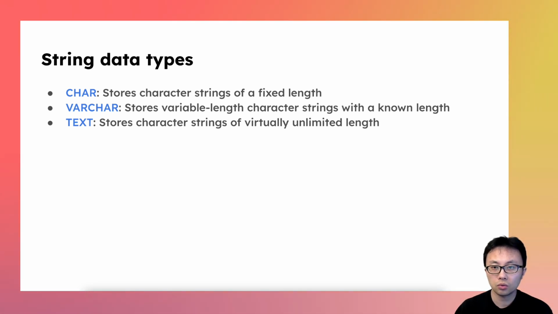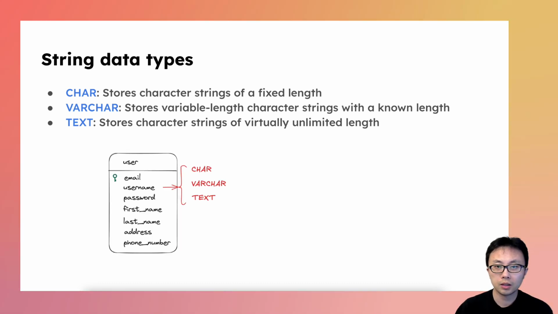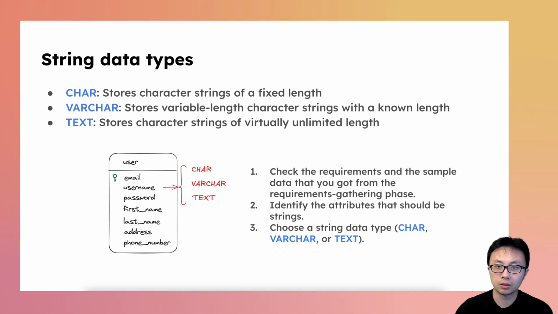VARCHAR is used to store variable length strings with a known length limit, and text is used to store highly variable strings with unknown length limit. Assuming that you are very familiar with string data types and know all the details beyond what is shown to you so far, the task of data type selection is basically to identify a string attribute and then pick the right string data type for it based on the requirements you gathered.